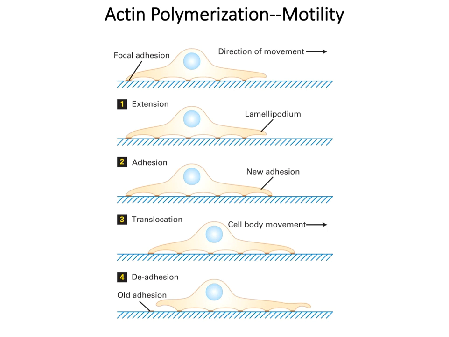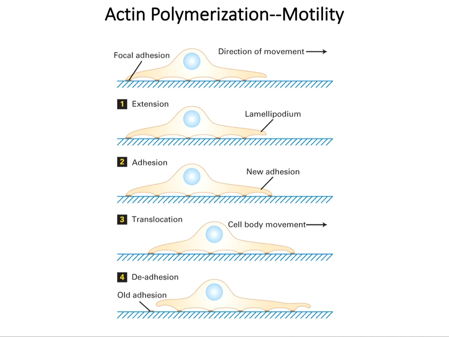So what are some of the cellular functions that rely on actin polymerization and actin treadmilling? One of them is motility. We are talking about cells that have the capability of moving, motile cells such as white blood cells. You can think of motility happening in four steps as shown here on this slide. So here is a motile cell. It is bound to the extracellular matrix.